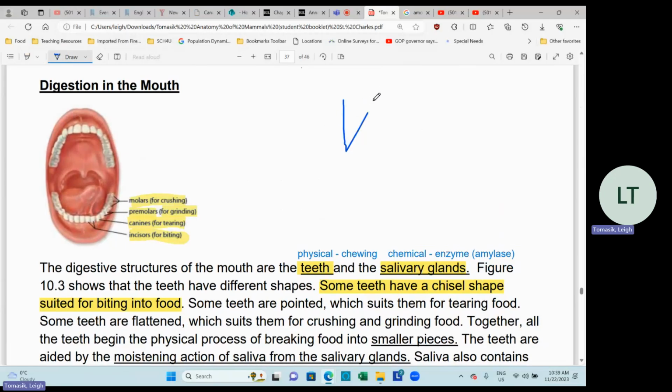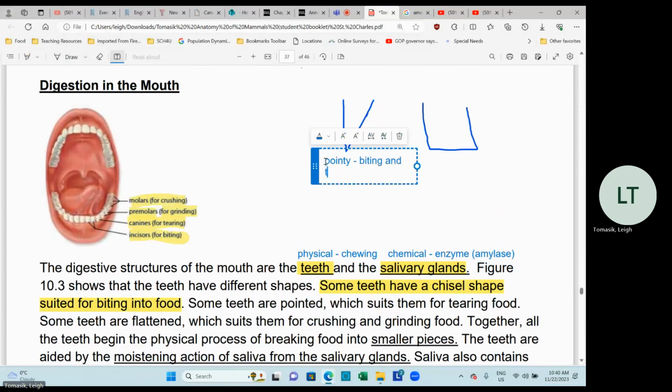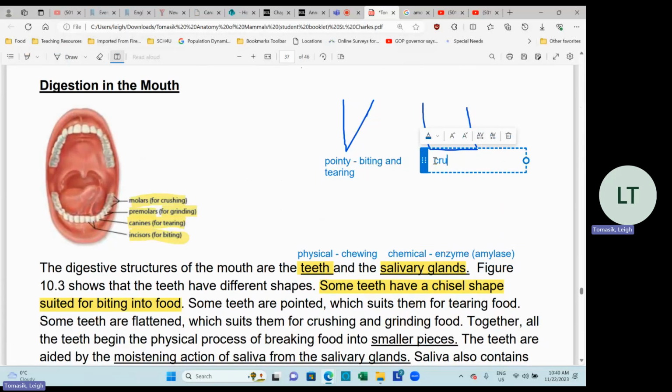Chisel is like pointy, and this is for biting. And then some are like a flat shape. So if it's pointy, it's for biting and tearing, and if it's flat shaped, it is for crushing and grinding.